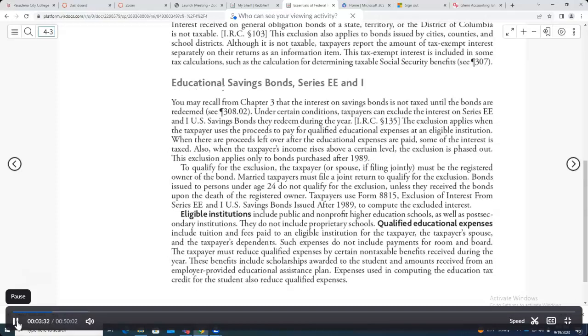If you use the savings bond income to pay for those qualifying education expenses, it will be tax-free. To qualify for exclusions, the taxpayer must be the registered owner of the bond. Married taxpayers must file joint returns to qualify for exclusions. Bonds issued to persons under age 24 do not qualify for the exclusions unless they receive the bonds upon the death of, let's say, a parent.